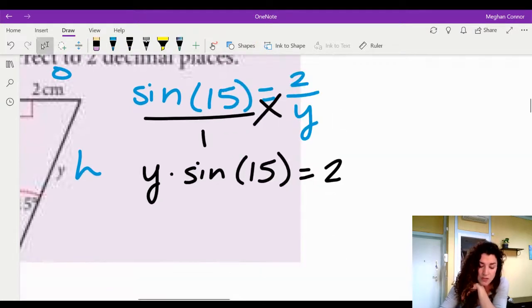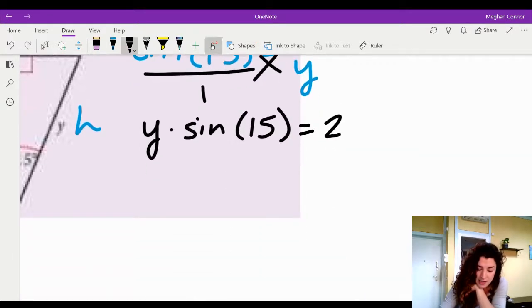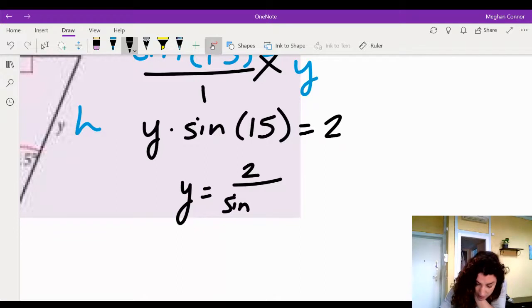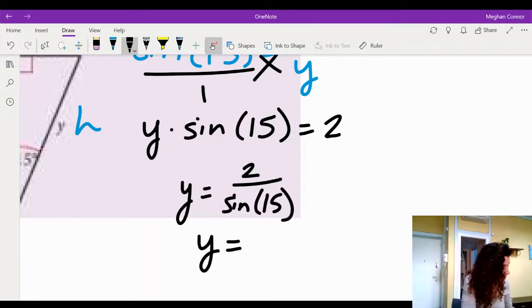Oh, I have to divide both sides by sine, so then I get y equals 2 over sine of 15. To 2 decimal places, 7.73.